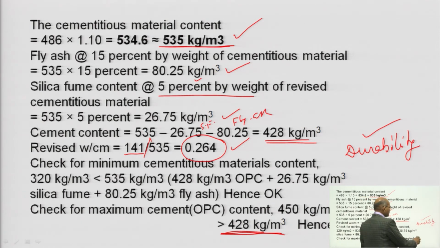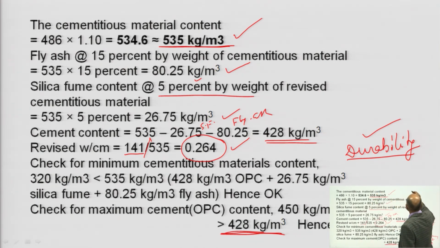This is satisfying the maximum cement content and it is satisfying the durability requirement also. So, whatever values we have adopted, the water cement ratio as well as the amount of cement is okay.